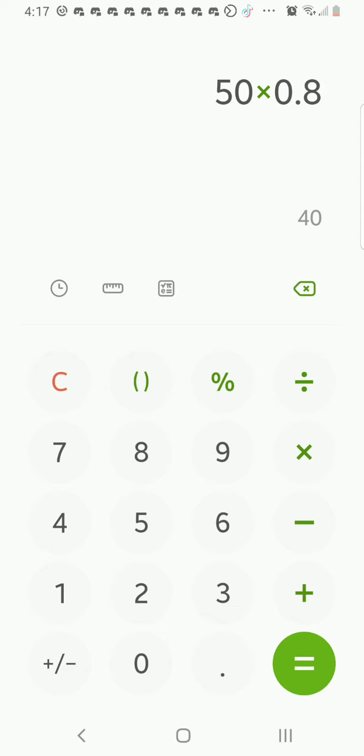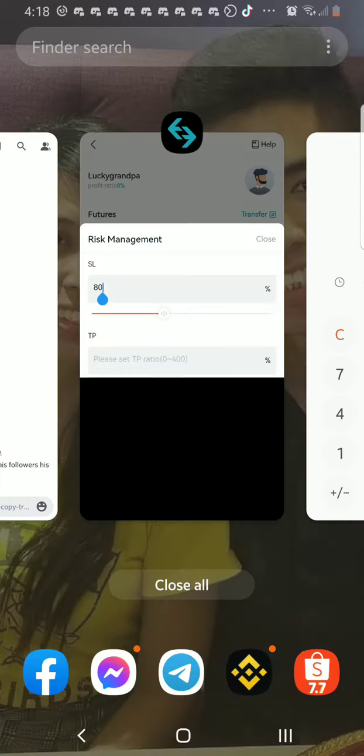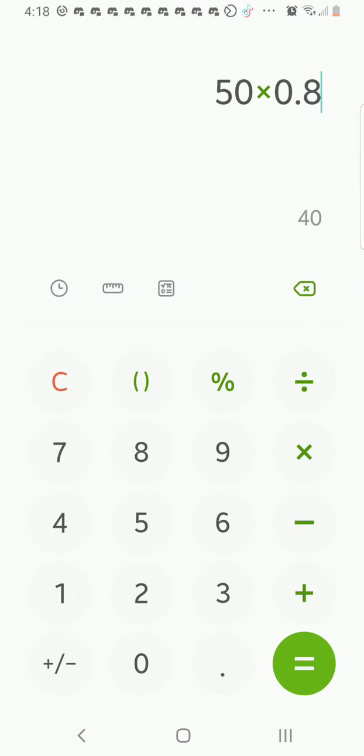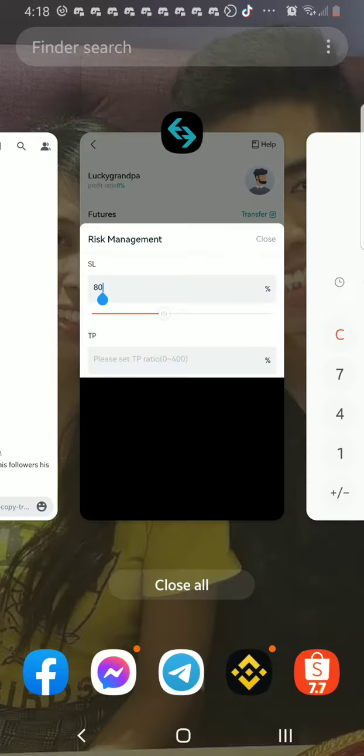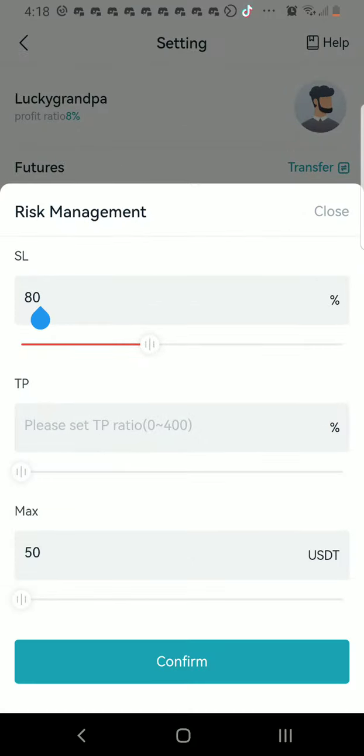So that would mean you are risking 400% risk with this 0.8. But this is fine because it seldom happens anyway, and it will still leave you your 20%.